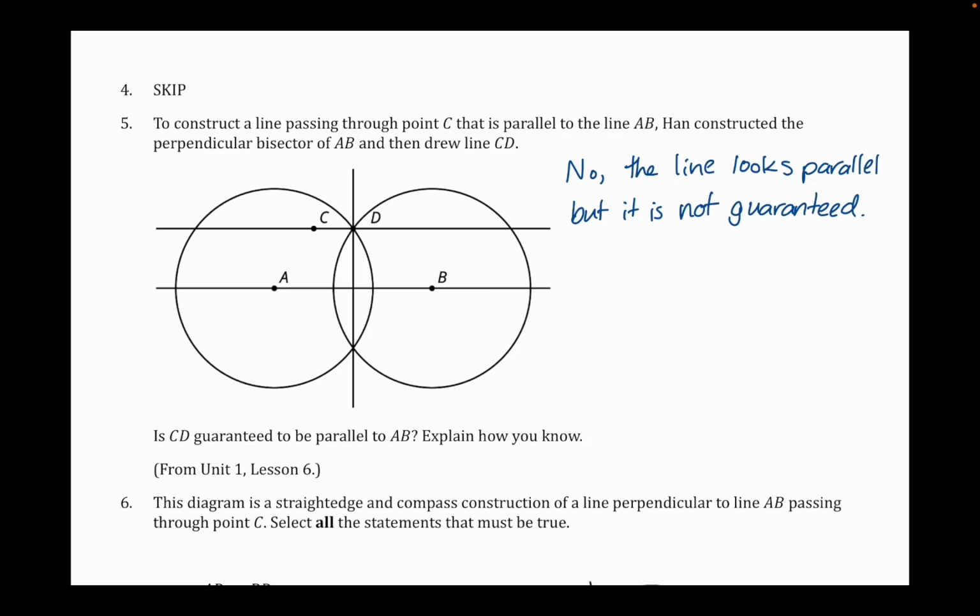So we have to create a line perpendicular again at D, or we'll say we'll have to create a line perpendicular again that passes through CD.